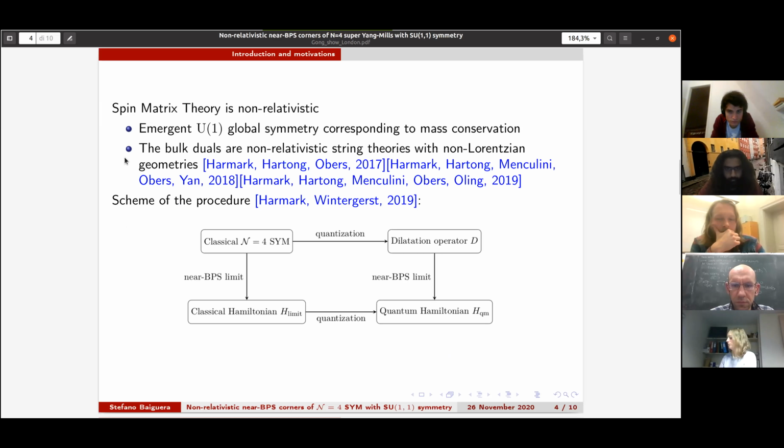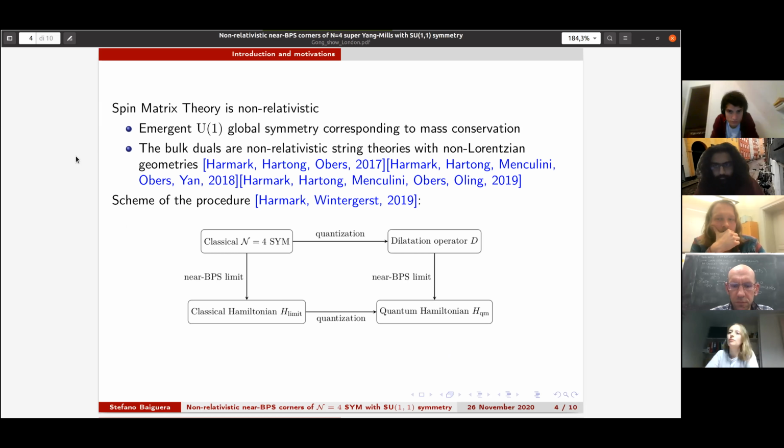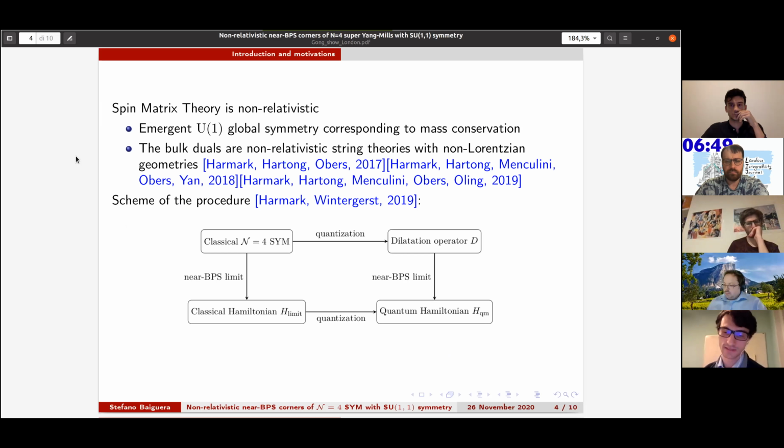From the bulk perspective, these spin matrix theories have a very clear description in terms of non-relativistic string theories, in the sense that the target space is given by a non-Lorentzian geometry. And also one can perform further limits where the worldsheet is non-relativistic too.